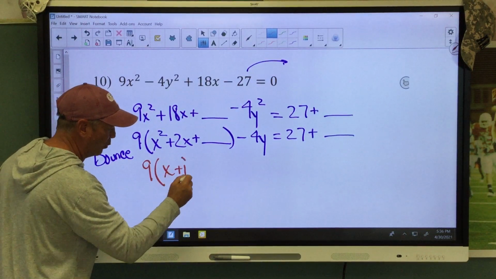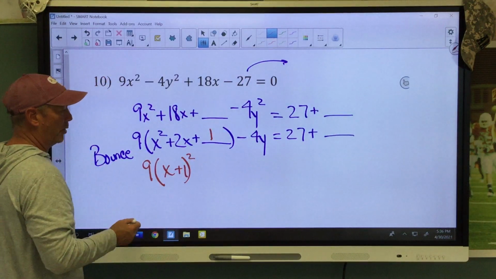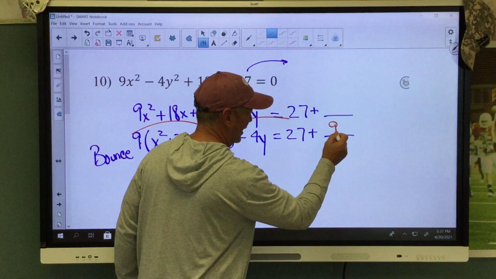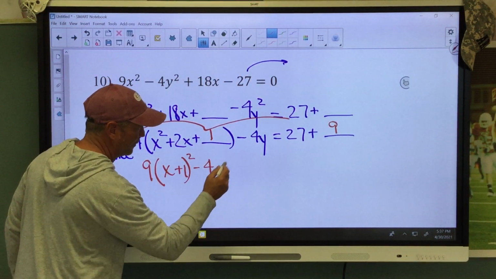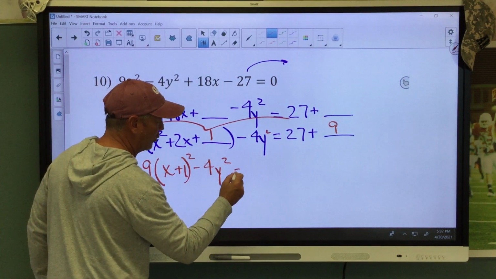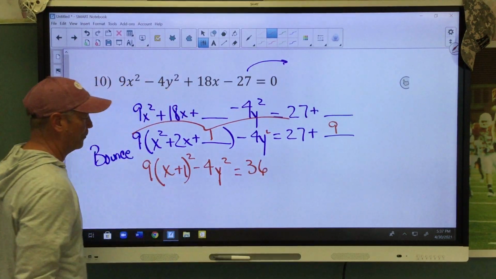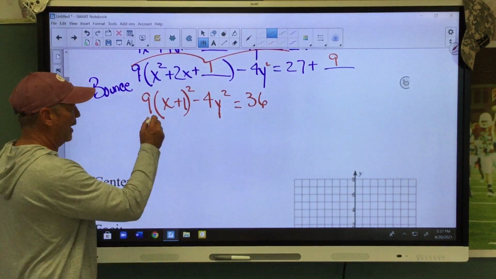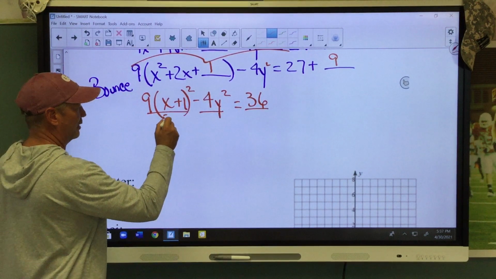Half of 2 is 1. We're going to square that and put it in the blank. And then we're going to bounce the 9. 9 times 1 is 9. Minus 4y squared, I forgot my square there, y squared equals 27 plus 9 is 36. Almost through. We're going to divide everybody times 36.